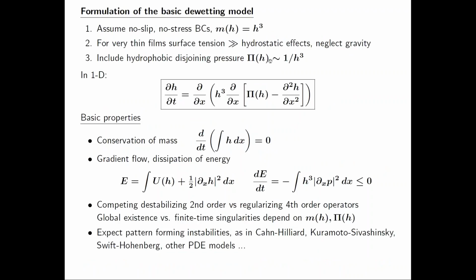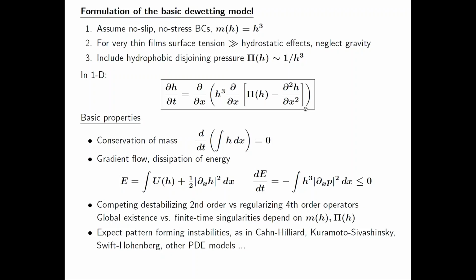So now I'm ready to assemble the pieces to give you the PDE that I'm going to talk about for the rest of this. I'm going to consider the standard mobility coefficient, the h cubed, which goes over here, and then the gradient of the pressure is going to have these two parts: the surface tension contribution and this intermolecular contribution, describing hydrophobic materials, because ultimately I want to talk about what happens and why it's interesting when the fluid is going to break up and bead up into droplets.